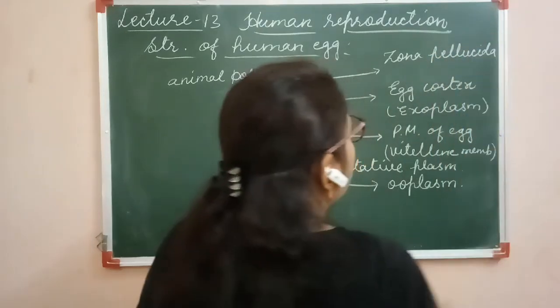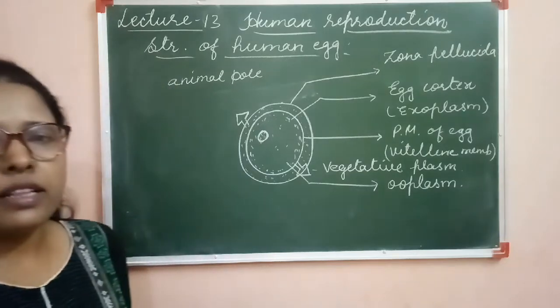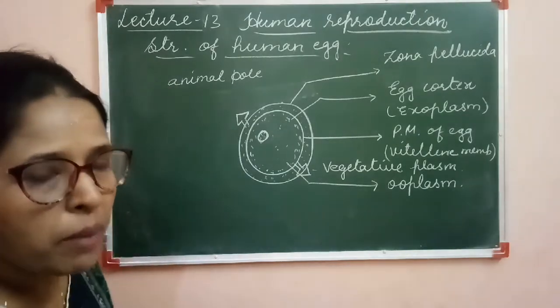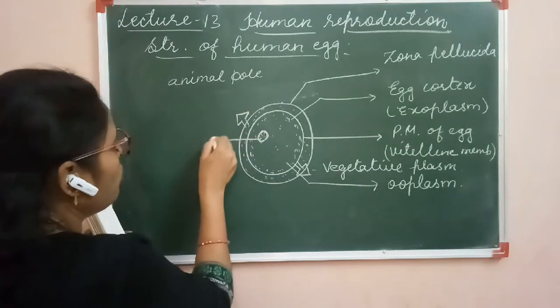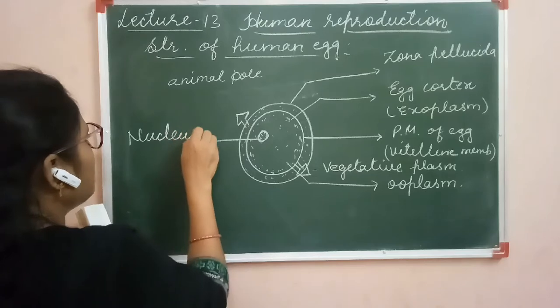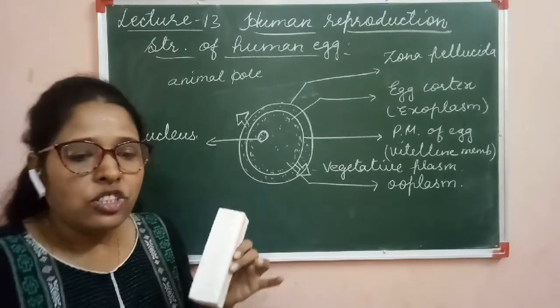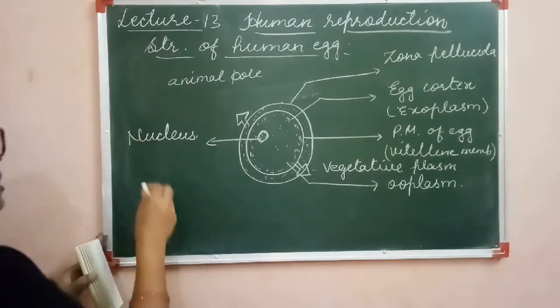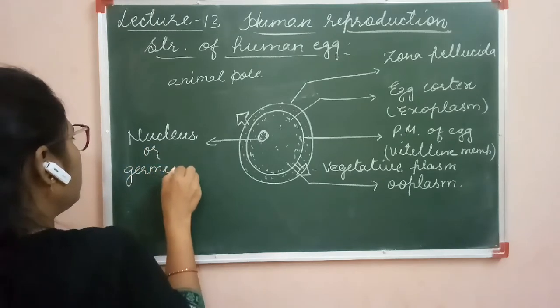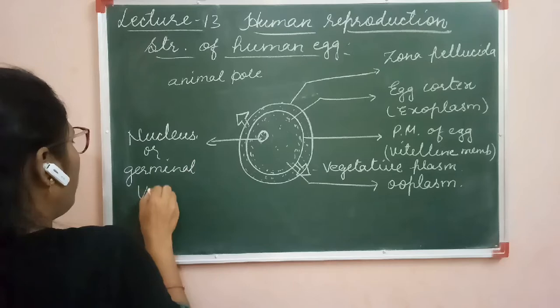It is the non-cellular membrane secreted by the follicular cells. Inside this, this is the nucleus of the egg, the eccentric nucleus, which is also called germinal vesicle.